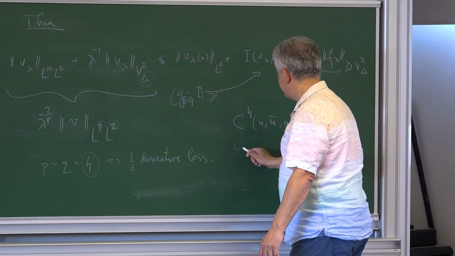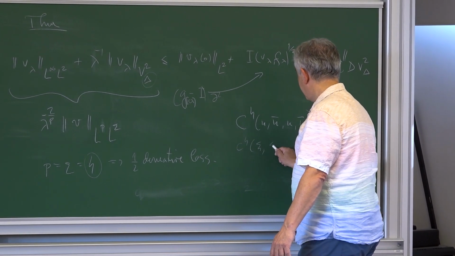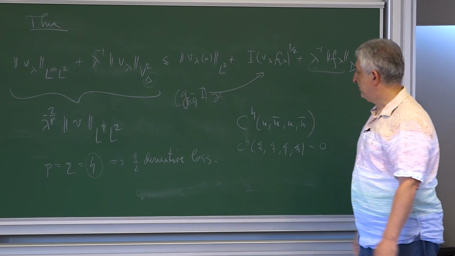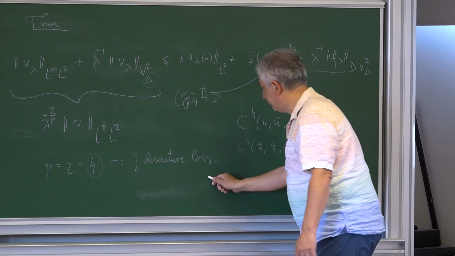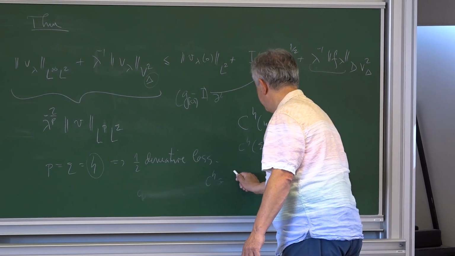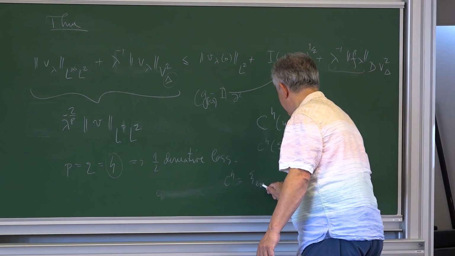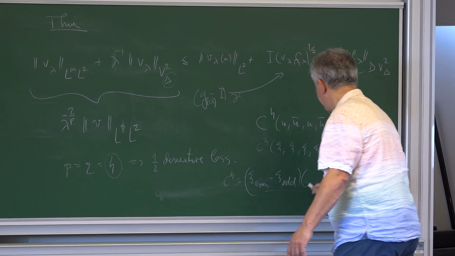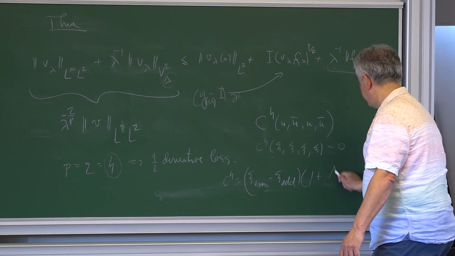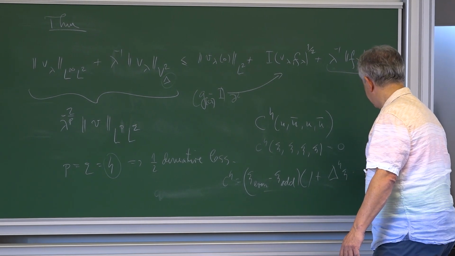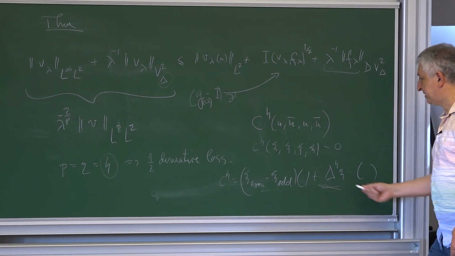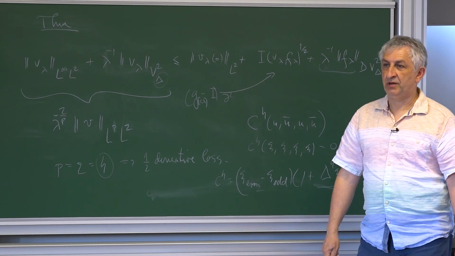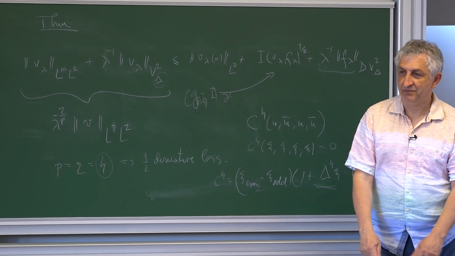And now we know that C4 is symbol of psi is equal to 0. And this means that we can write this C4 algebraically as psi even minus psi odd times something plus delta 4 psi times something else. Delta 4 psi is something that contributes to the flux, and psi even minus psi odd is something where you're allowed to use the balanced bilinear estimates.